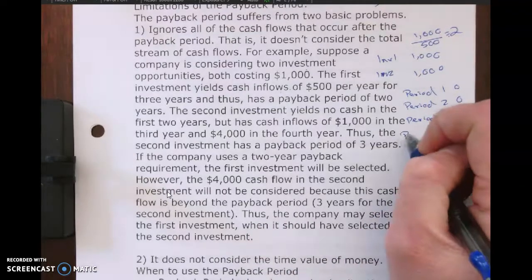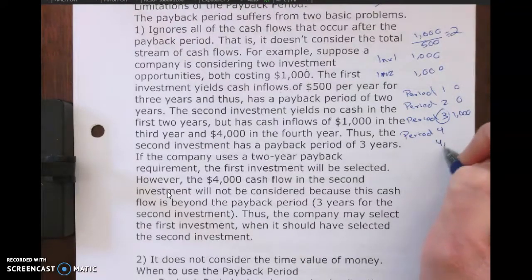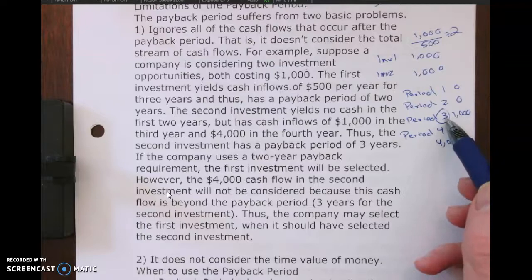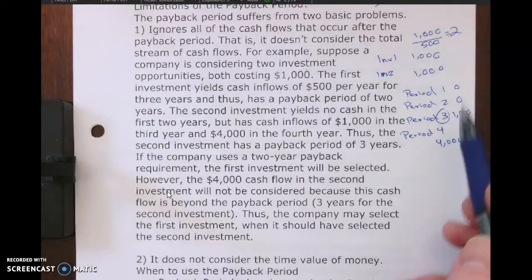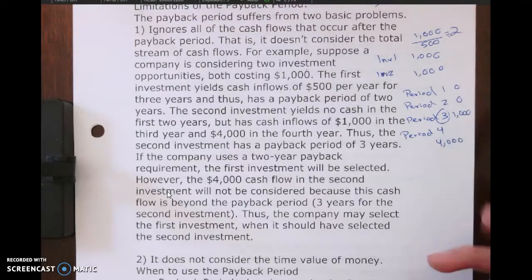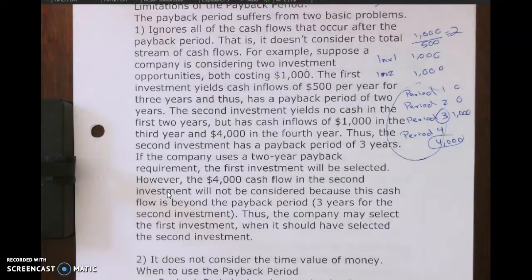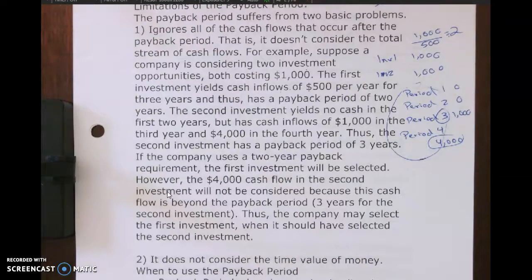But the other thing about this second investment, right, is it gives us a positive cash flow of $4,000 in the 4th period, in the 4th year. But the thing is if we only look at payback, we would go with this one, right, because it has a shorter payback, and we wouldn't do this one, although this one may have a higher net present value because you've got this big $4,000 of net cash inflow coming in period 4. Okay?